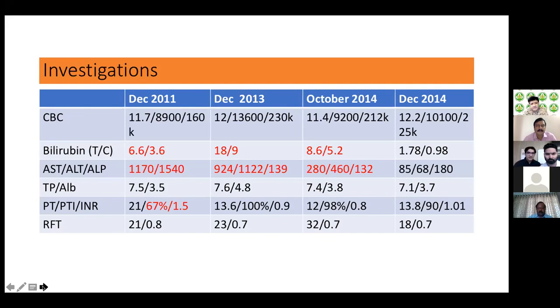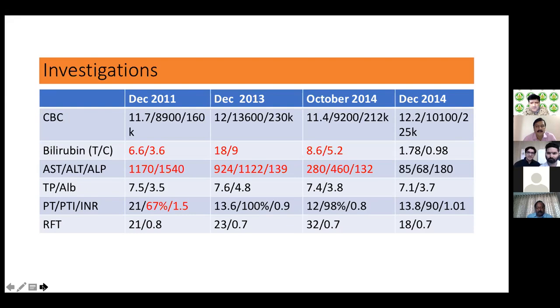Okay, sir. What I see is the patient's complete blood count reports from 2011 onwards till 2014. The patient's hemoglobin is 11.7, 12, 11.4, 12.2. So hemoglobin of the patient has been fairly preserved, and platelets are 160, 230, 212, and 225.